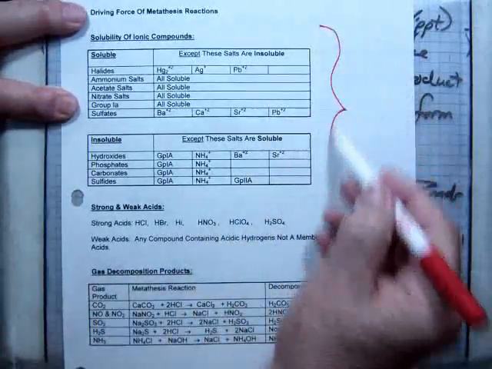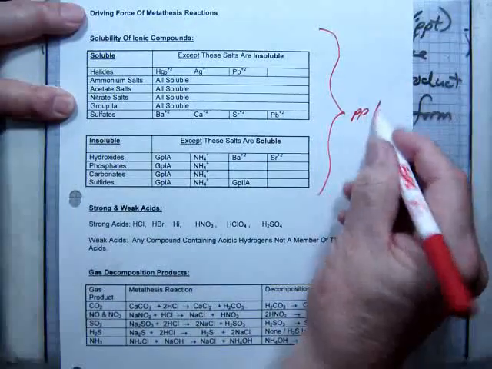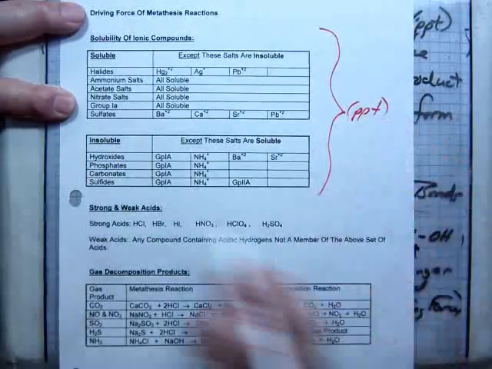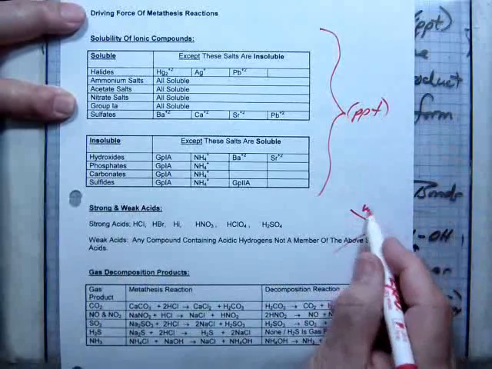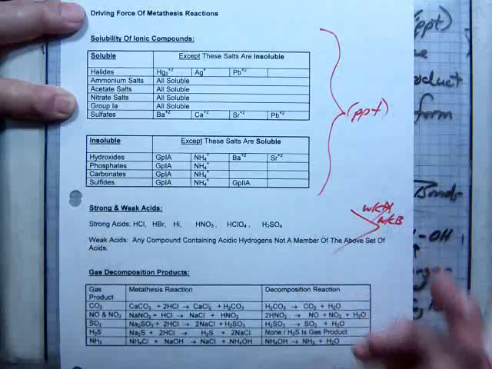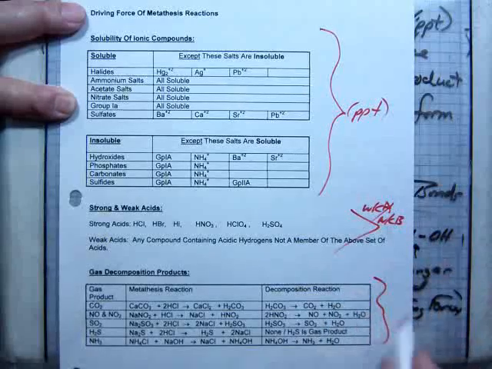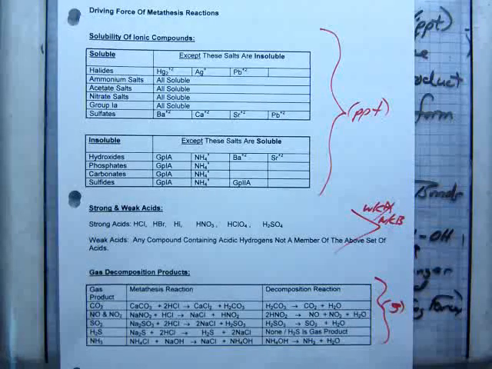In this portion right here, these are precipitant driving forces. The weak acid and weak base are in the next part. And down here is your gas decomps. So in the examples I'm about to use, and we're going to work through the worksheet, you will hopefully see how this table is used.